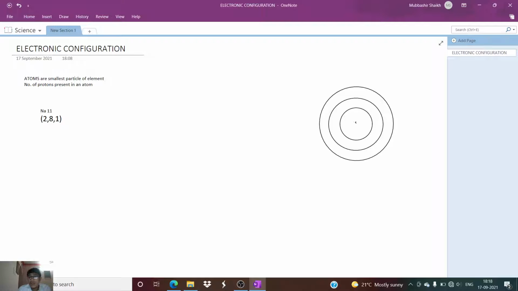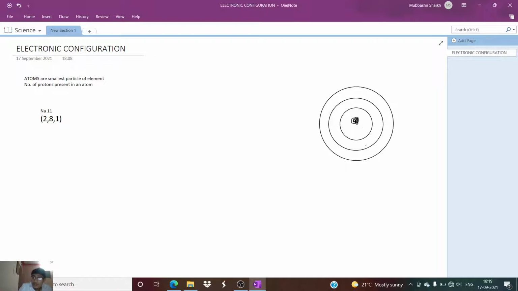Consider that this is the sodium atom, and this is the nucleus of the sodium atom. Around the nucleus, we all know that electrons, the negatively charged particles of an atom, revolve in orbits. Generally, there are n number of shells, for example K shell, L shell, M shell, N shell, and so on. In those shells we can find the revolving electrons.